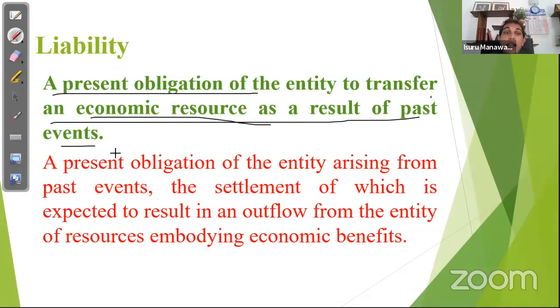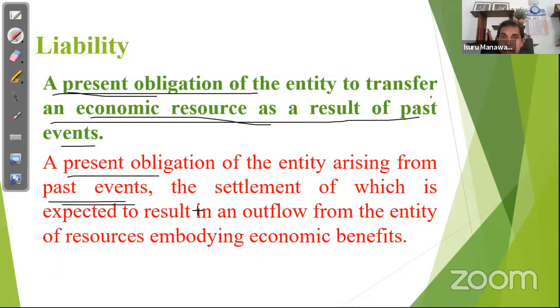At the same time, you can look at the previous definition. Present obligation of the entity arising from the past event. So those items are common, right? Past event. Here also we have past event. Present obligation, present liability, future obligation, future liability.